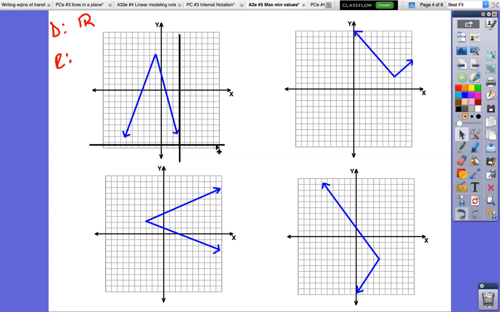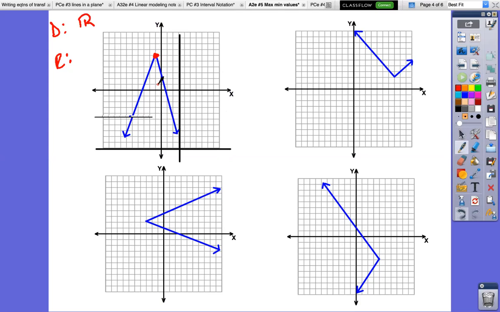But wait a minute, when I'm dragging this up and I'm thinking about it, the highest this ever gets, the maximum value, is right here. So if I move it up, my range doesn't get over here. So your range is low to high. It looks like it goes down forever, and my maximum value is this.